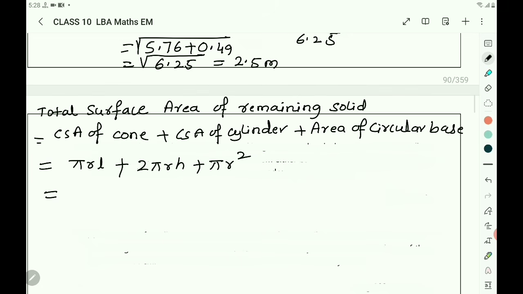Here R is the same, then you take out the common pi into R. Here what is remaining? L plus 2 into H. R is outside, so you write 2 into H. Pi R is outside, so then what is remaining here? 2 into H plus, here pi R is outside, means R is remaining inside the bracket.